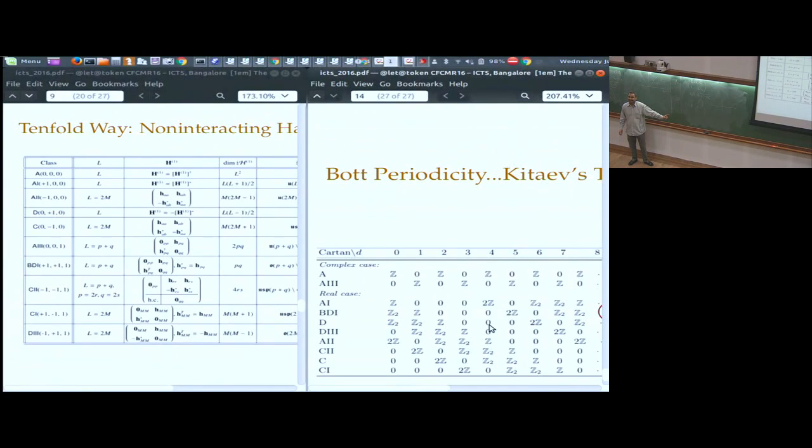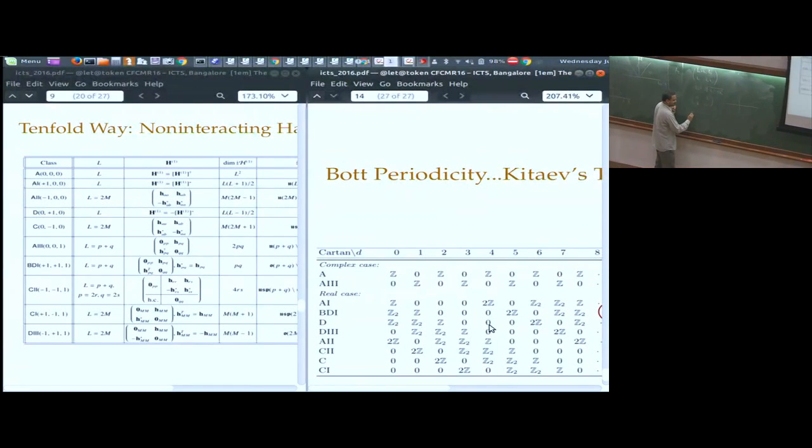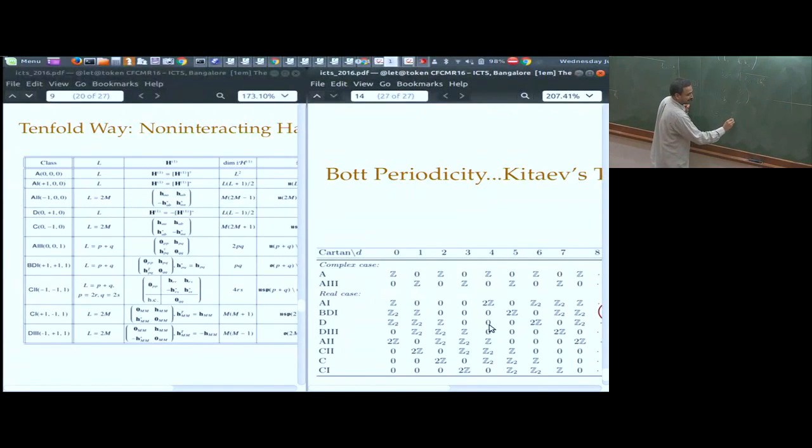Let me take H. What are the eigenvalues? It's plus minus mod H, right? Let's say that H is positive. If H is positive, the minus H energy is the ground state. What is the wave function?